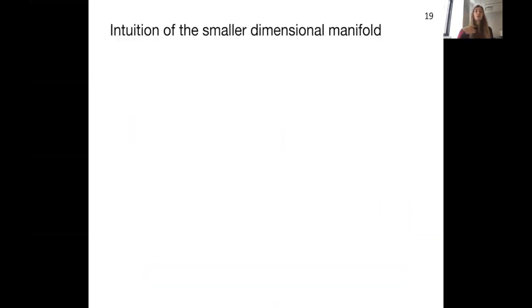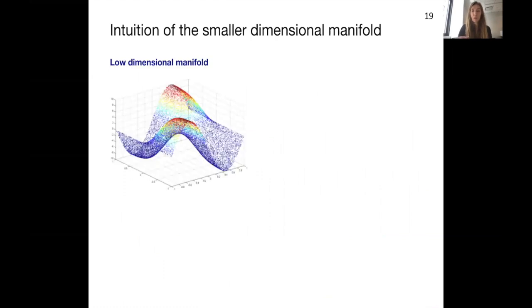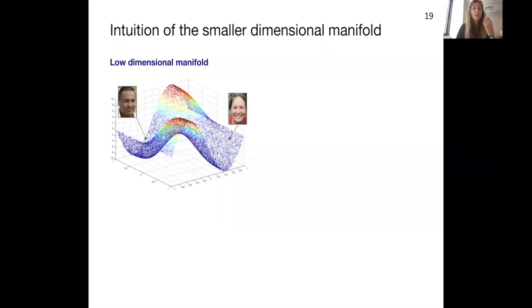And why are they such good, interesting representations of the data? The intuition is that they are effectively capturing the effective degrees of freedom of the data sets that we are interested in. If you think about images of faces, images live in a very high dimensional space, but maybe the space that is occupied by images of faces is a much lower dimensional manifold in this large ambient space.